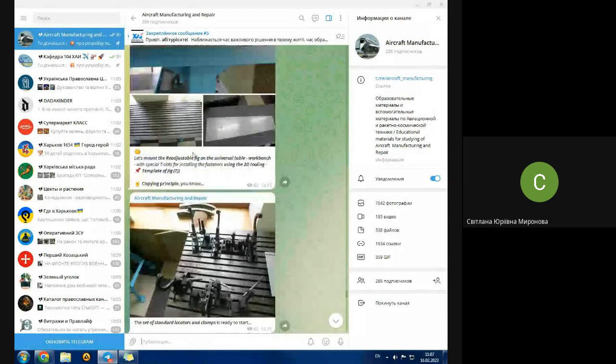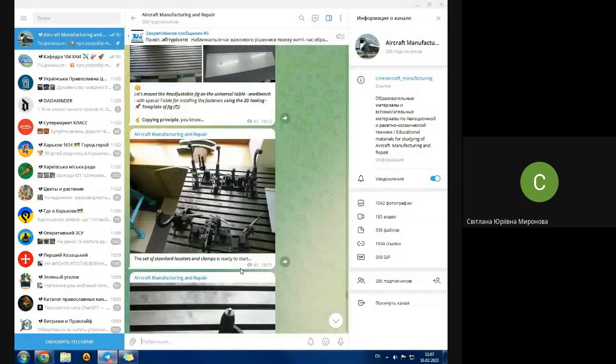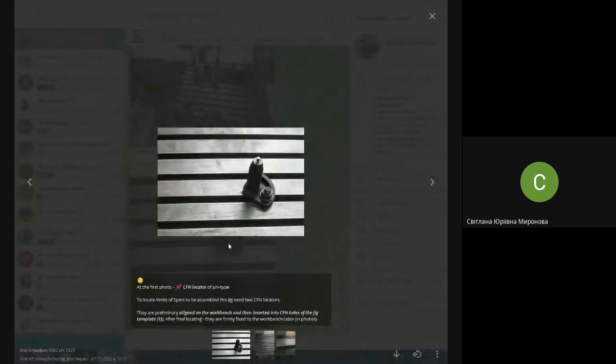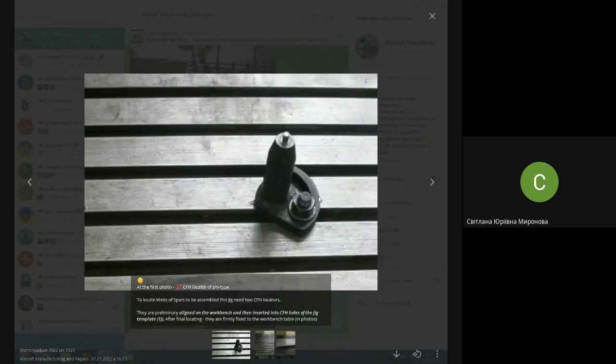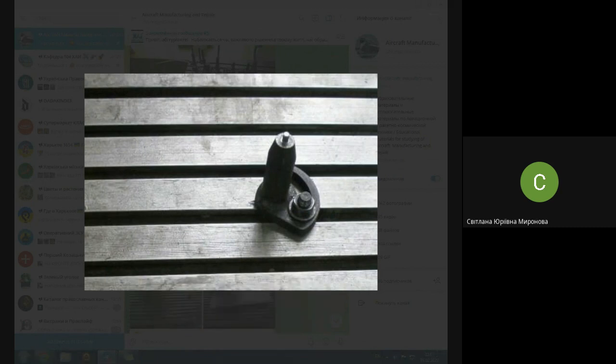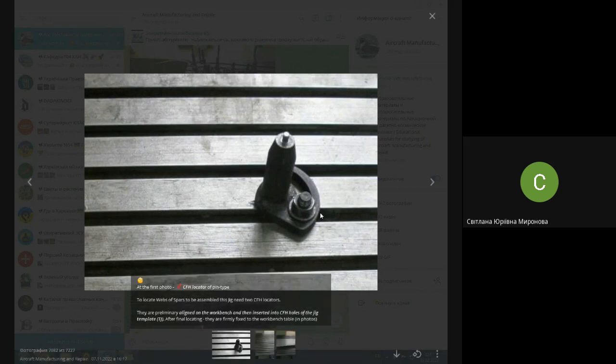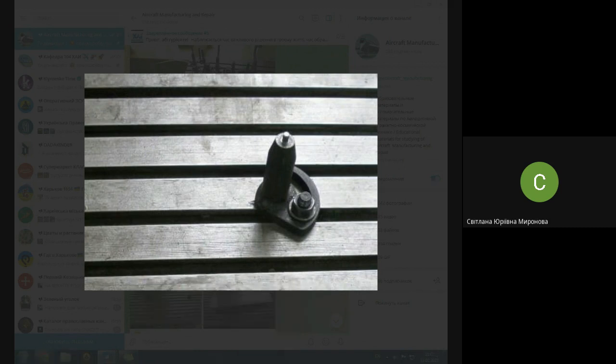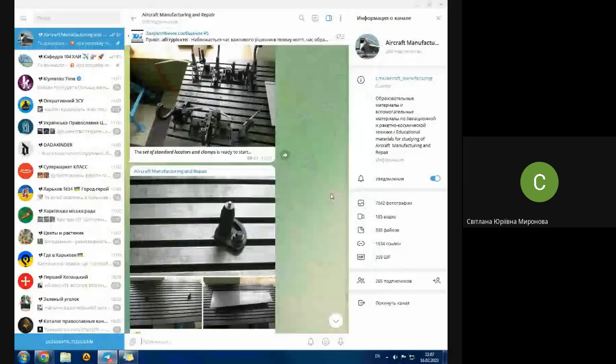All the locators that you see, here is a little one. After we positioned it, after we found where it's supposed to be, it's clamped with a bolt, which is squeezed in such a slot. Bolt, and here is the head, nut, washer, nut, and it's clamped firmly in some place. No, not permanently, but until you need it.